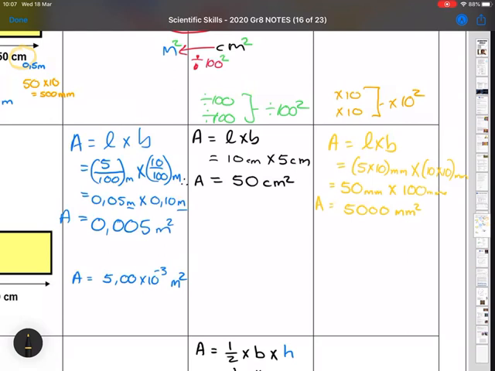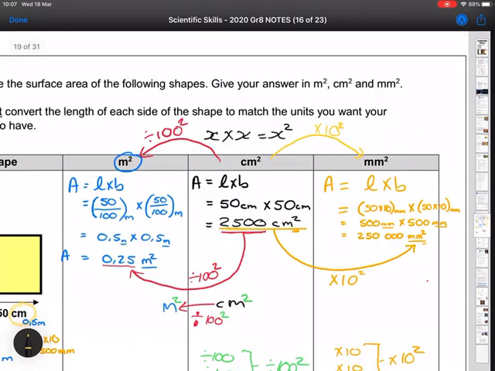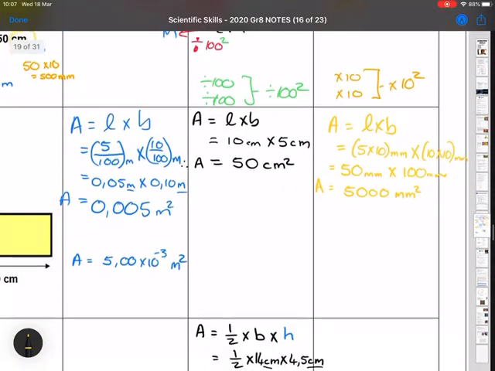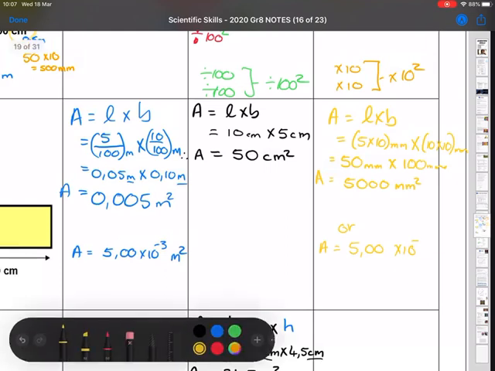If your calculator was in scientific notation mode and you wanted to write your answer in scientific notation, that's fine. You would have got that your area is 5 times 10 to the power of 3. Two decimals, so 5,00 times 10 to the power of 3.